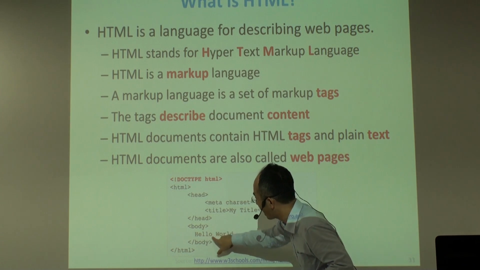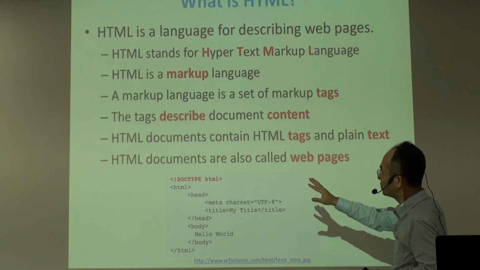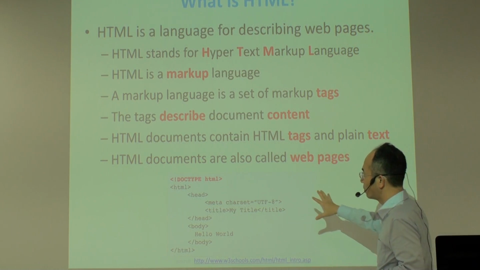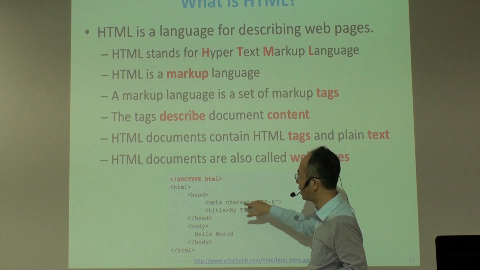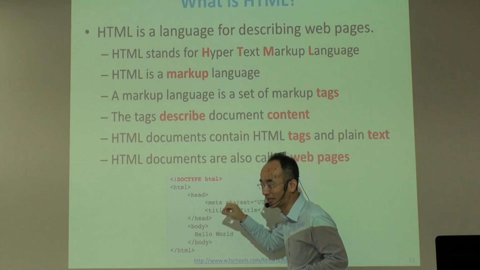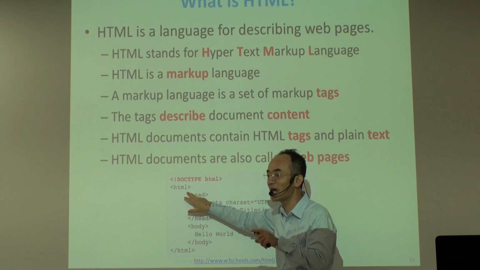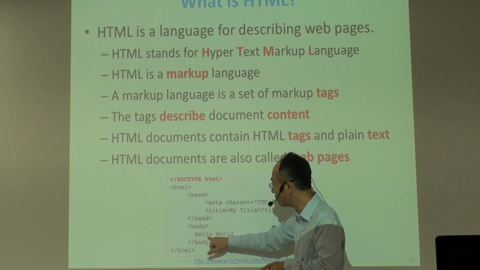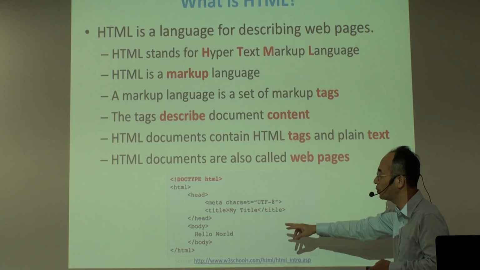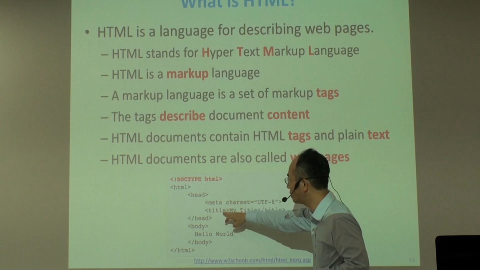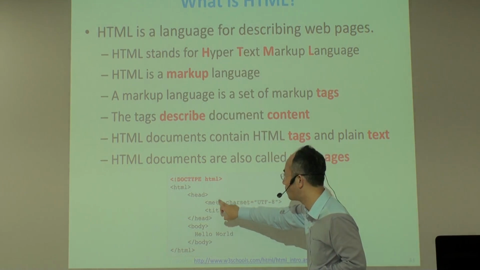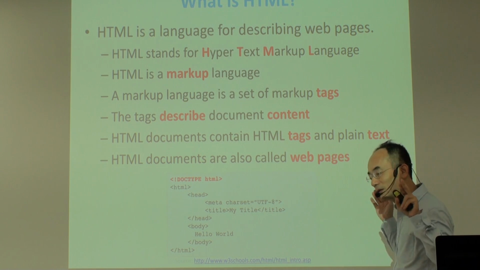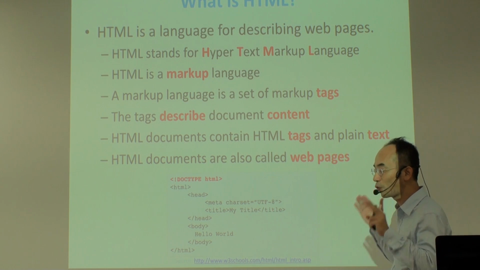HTML5 documents are also called web pages. As you can see here, there is a lot of text, for example the html tag, head tag, body tag, and here is the content, which is pure text. Or you can also see the title tag or meta tag, which is a tag under the smaller-than and greater-than signs.